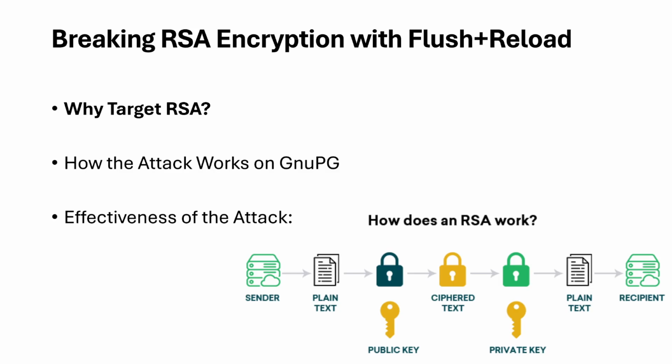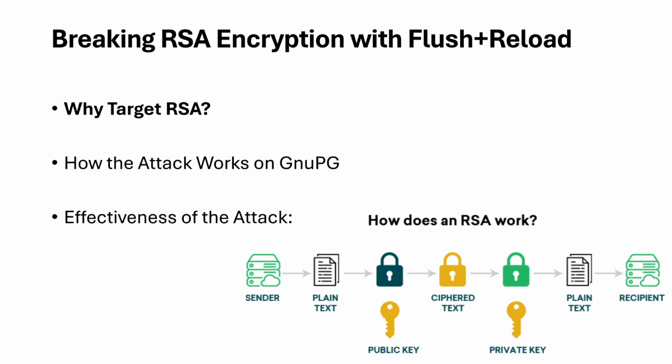So how does the attack work on GnuPG, which is an open source RSA implementation? The attacker monitors specific memory lines by placing probes in the RSA implementation. Then FLUSH+RELOAD tracks square and multiply operations, which reveals the sequence of operations.